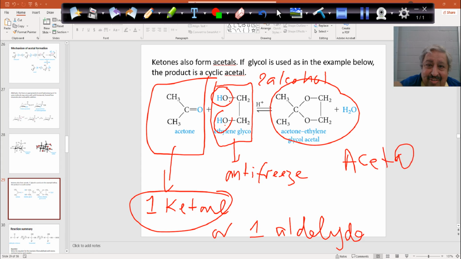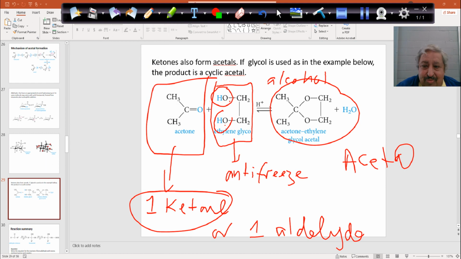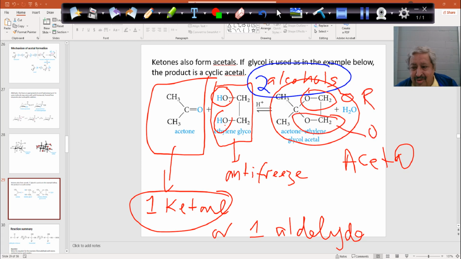Why? You have two alcohols, correct? So OR and another OR. So that's an acetal. Okay, guys?